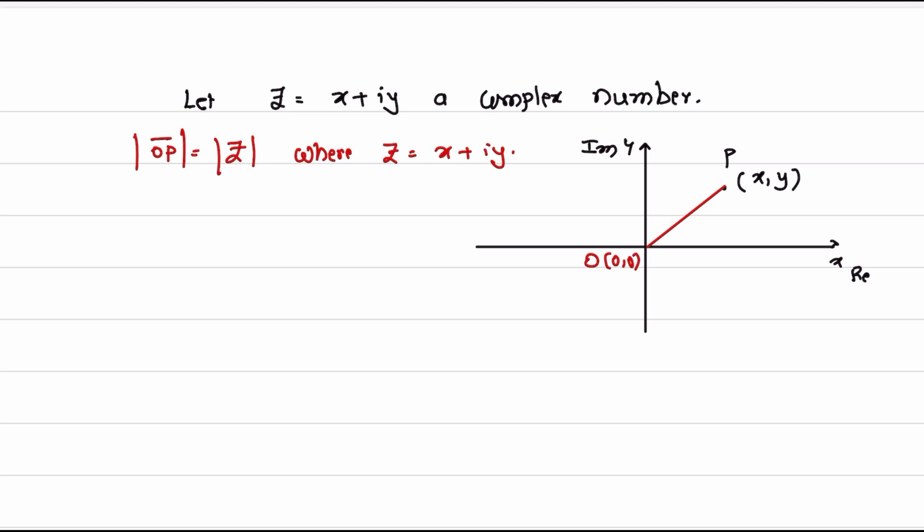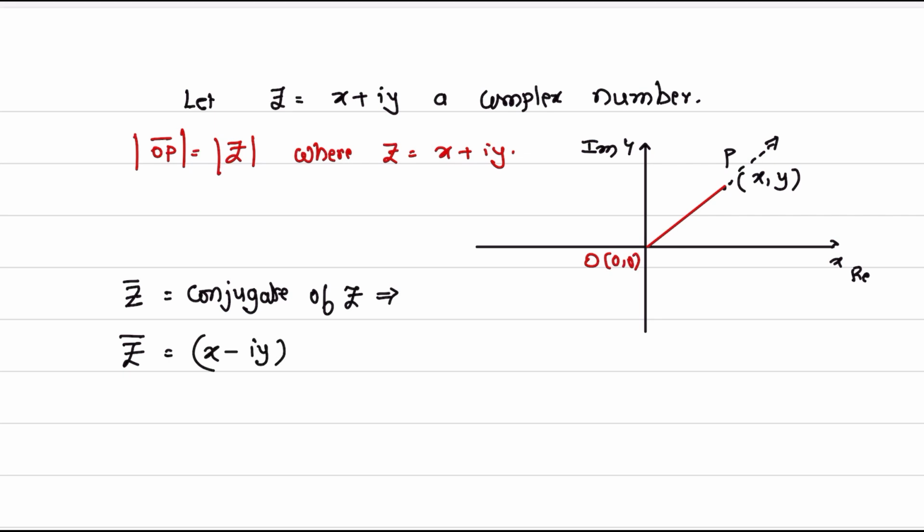Now, if (x, y) is the point on the complex plane for Z, from the definitions which I have defined in the previous lectures, please refer to the previous 7 lectures, Z bar is called the conjugate of Z. That implies Z bar is equal to x minus iy.